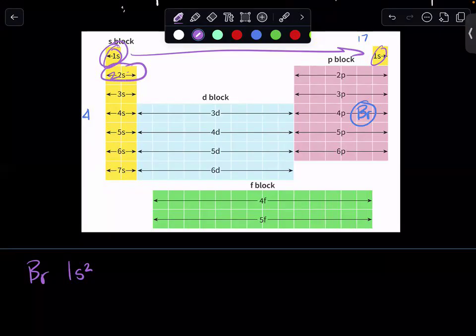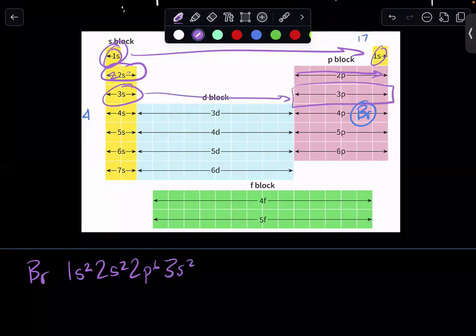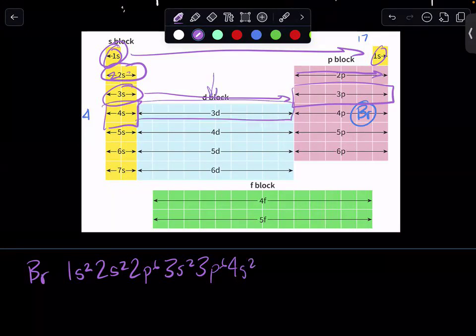We go through 2s1 and 2s2. We go all the way up to 2p6, drop down to 3s2, go all the way get all of the 3p, 3p6, drop down, get all of 4s2, then move here, and we notice that we go to 3d, not 4d.